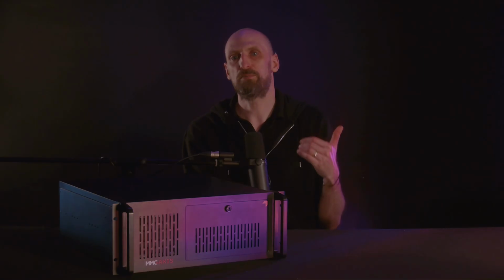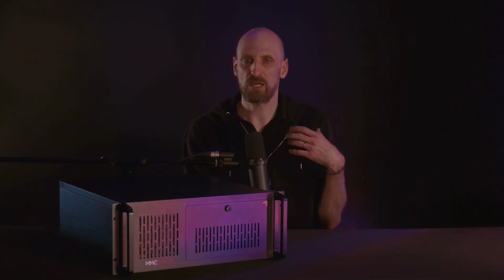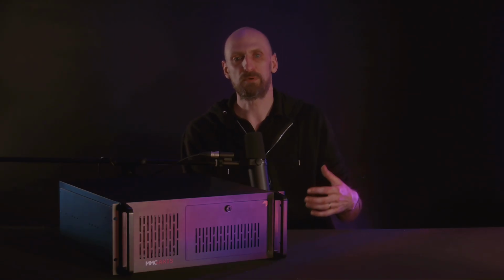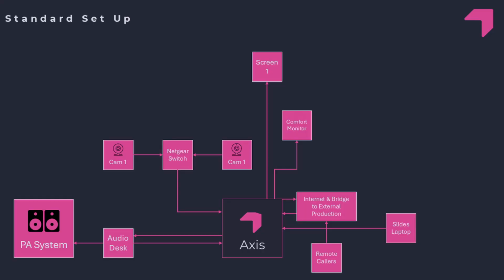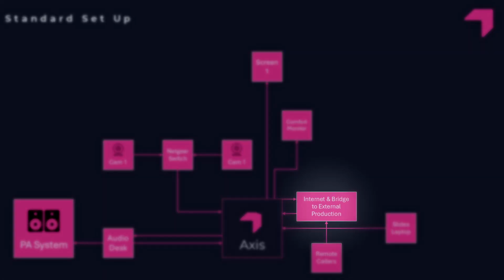I'd like to take you through a couple of standardized setups so that you can see here a wiring diagram and what components there are. This particular one shows the Axis at the heart of the production. It is processing all of the signal routing and also dealing with all of the switching as well as the streaming. You can see there it's connected to the internet and bridge for external production.